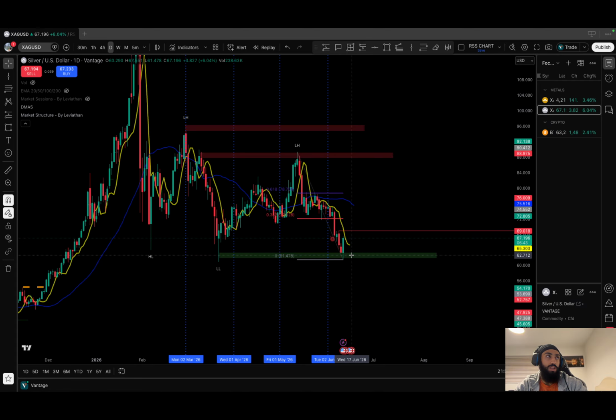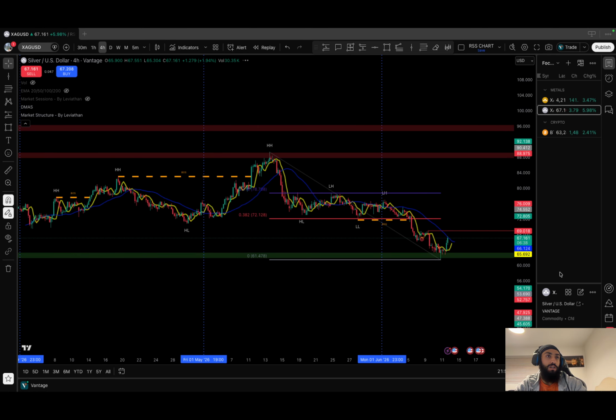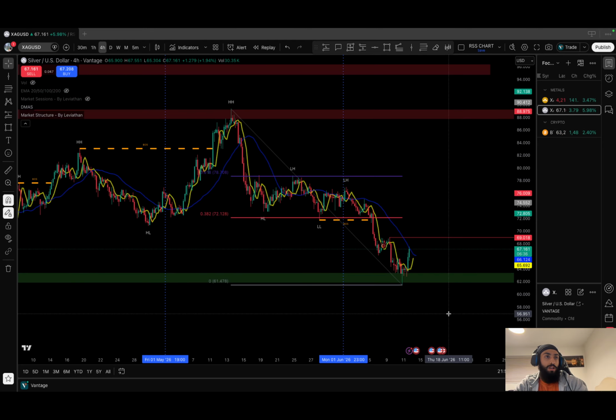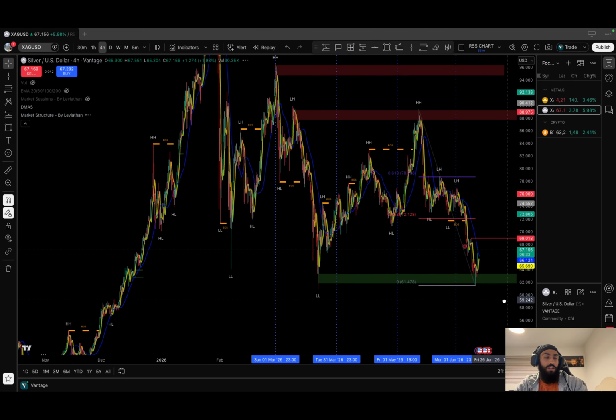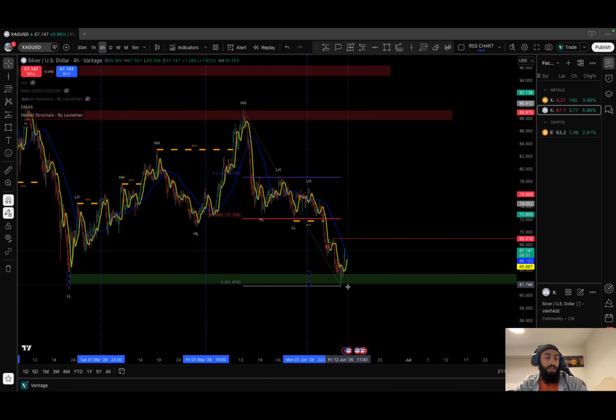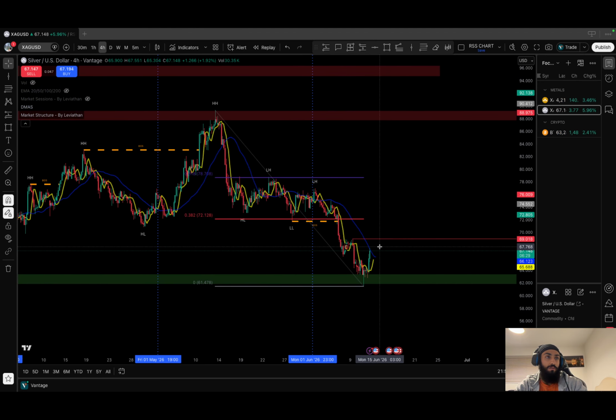Now, the key important thing is the daily time frame. Yes, we are currently down, but on the 4-hourly time frame, if this low is being supported as a local demand zone, and we see the DMAs, or the displaced moving averages, cross up with continuous breaks of structure to the upside, testing these support and resistance retracements to the downside, and they're breaking through, I'll show you guys a similar example.